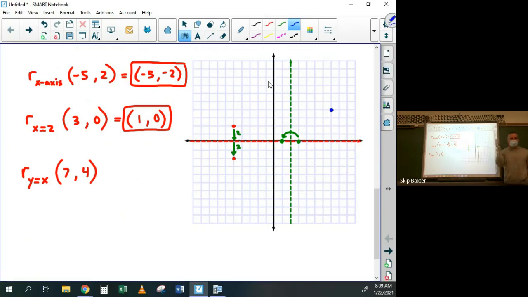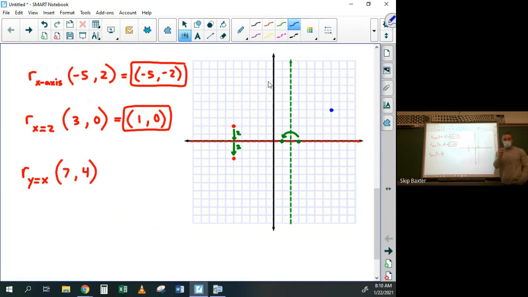Is it sloped? y equals mx plus b, so that's that form. What's the slope of that line? 0? No? 1, and what's b? 0. So this is a line of slope 1, y-intercept 0. It's like the main diagonal that passes through the origin.